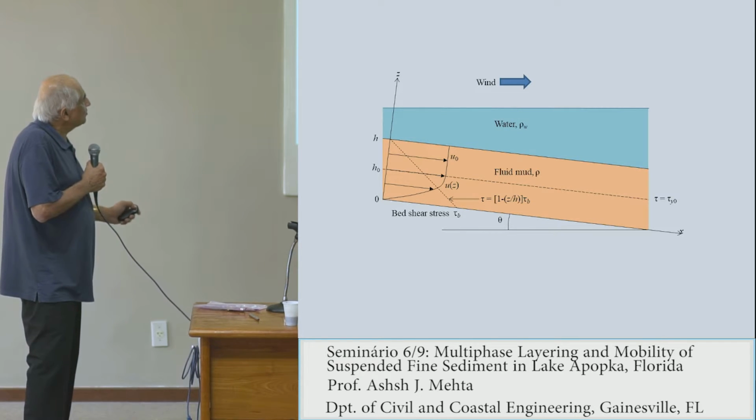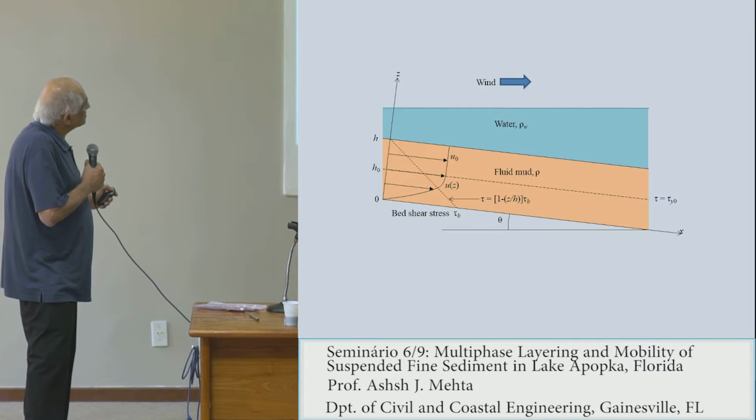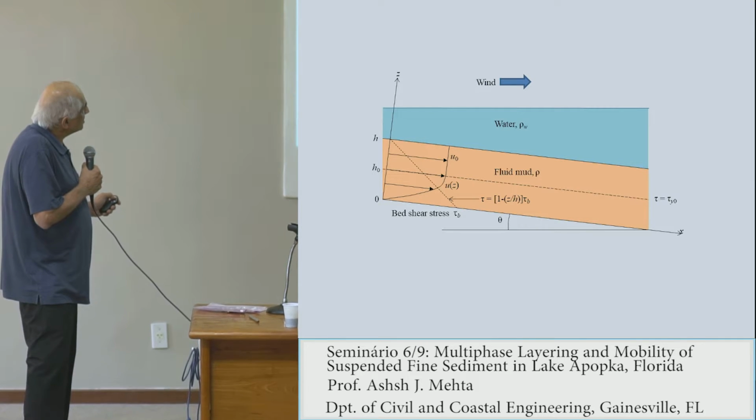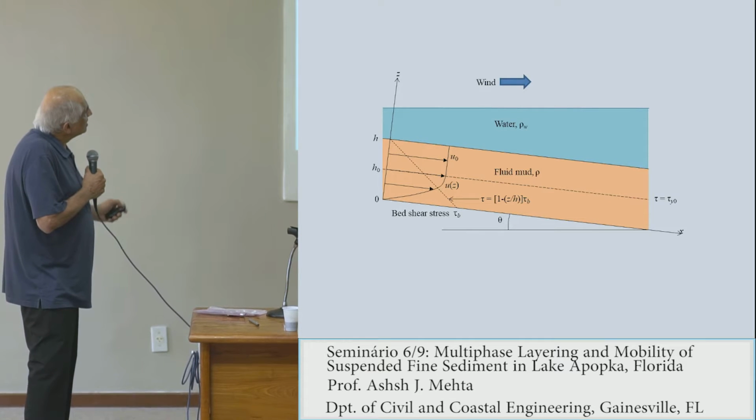This layer at the top moves down together, but below that you have higher shear stress. The shear stress increases, and below this depth it's greater than tau sub y naught. If tau sub y naught is the shear strength of this mud, then this layer shears.